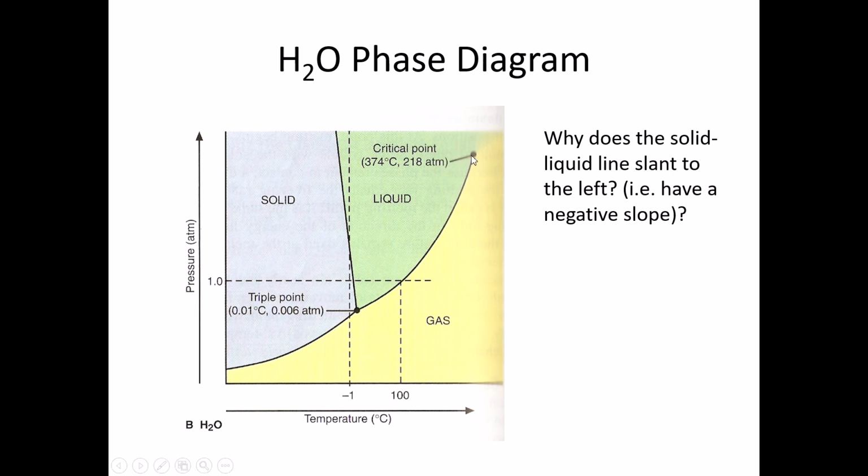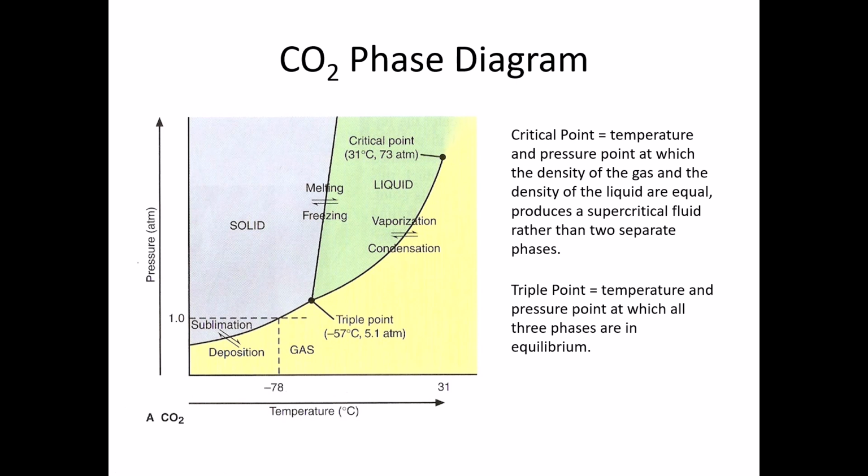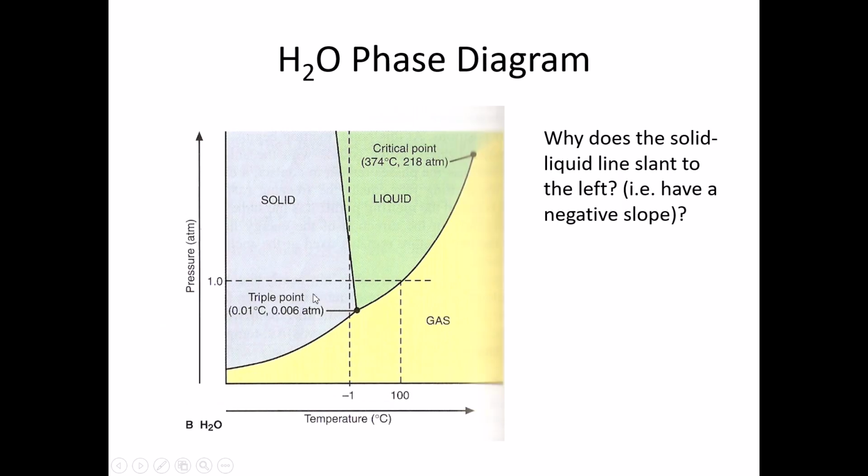So we're not likely to see this ever. Now another thing that's important besides being able to see solid, liquid, and gas all at 1 atmosphere is that this line for melting point slants to the left. Usually it's fairly vertical, but if we look at the CO2 line, it's slanting slightly to the right, which is more normal for most substances.